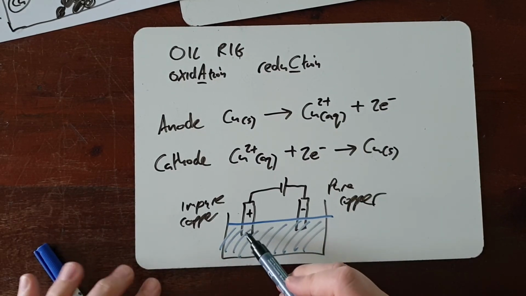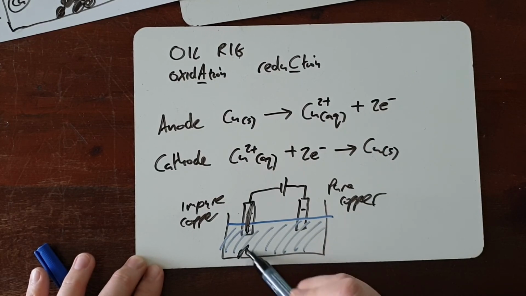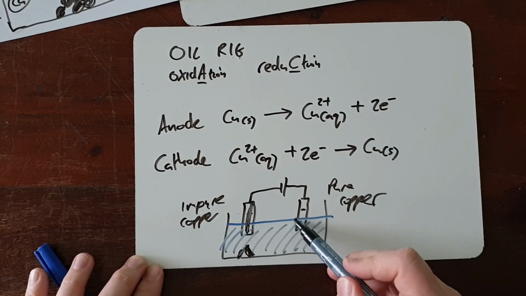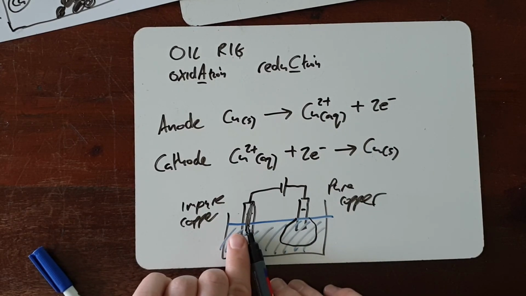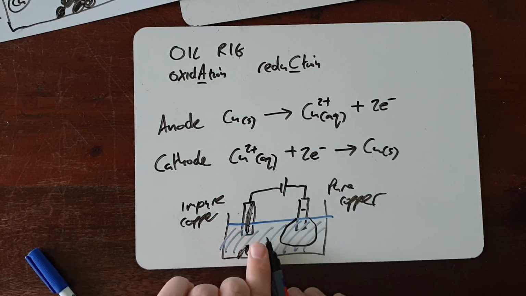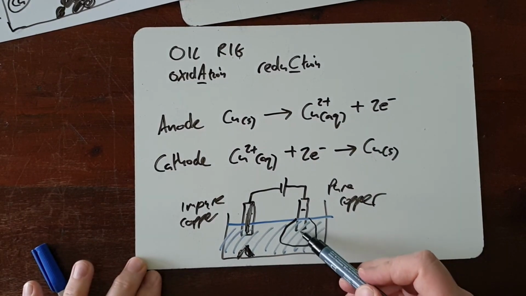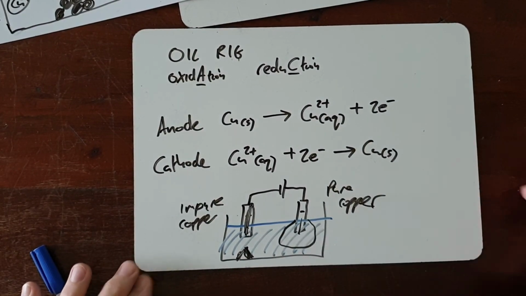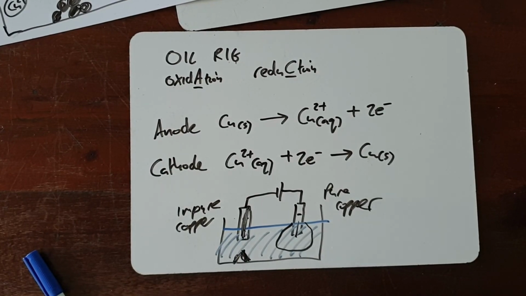And so this electrode gets smaller and smaller, and all the impurities end up at the bottom. And this one gets bigger and bigger because the copper goes from here, where it gets oxidized, goes into the solution, and then it goes from the solution onto the cathode because it's reduced. And so then you take this one away and you've got your pure copper. And that's how you can purify copper with electrolysis.